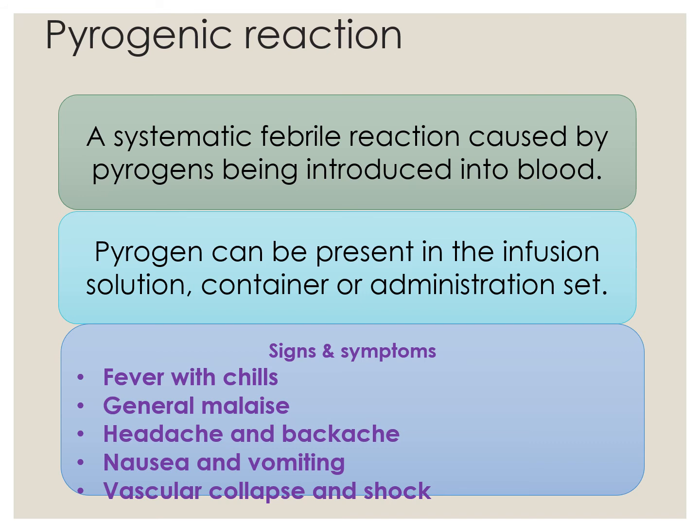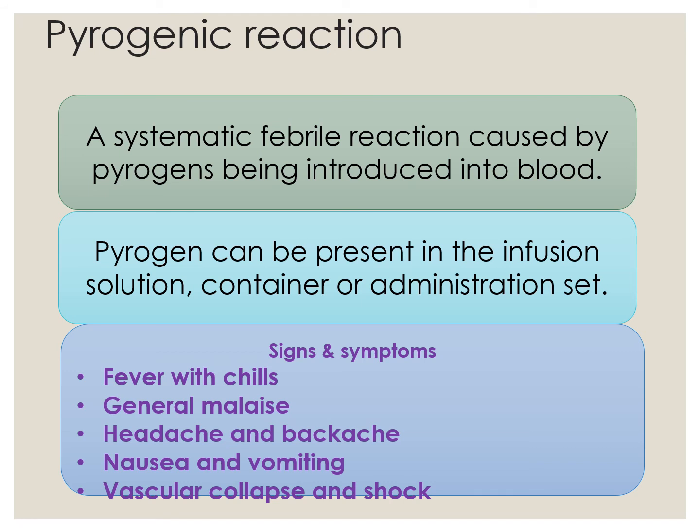While you are administering the solution, you have to follow sterile technique. You should not touch the tip of the administration set with your bare hands. So what are the signs and symptoms of a pyrogenic reaction?